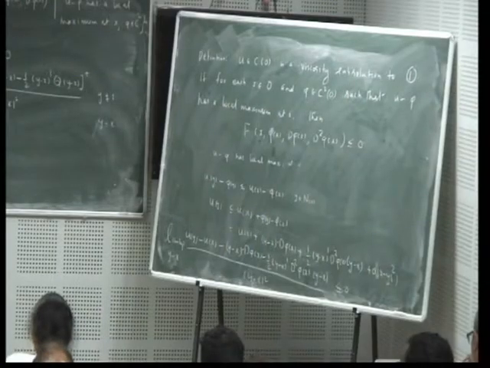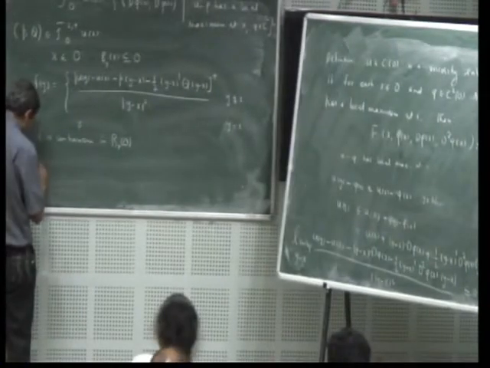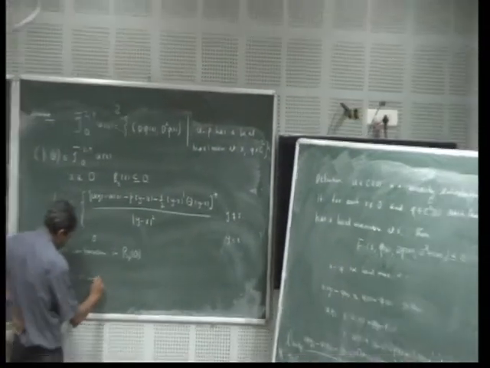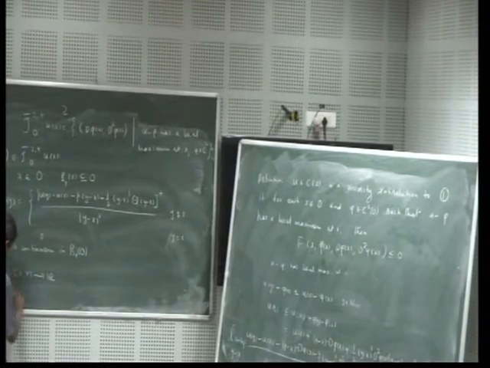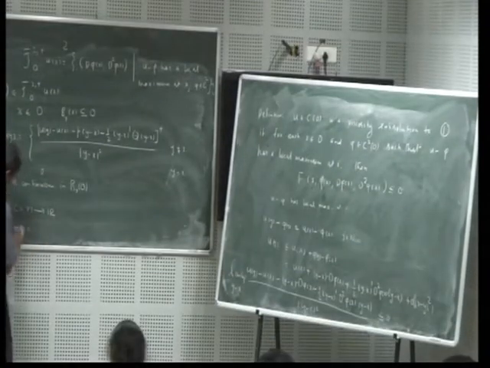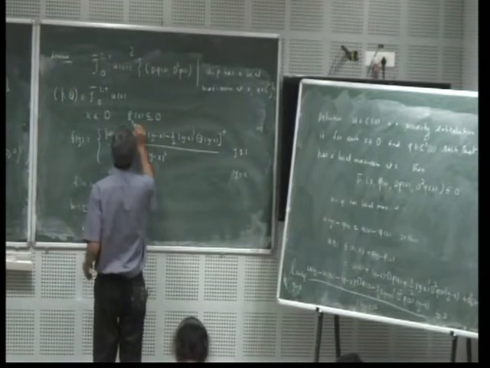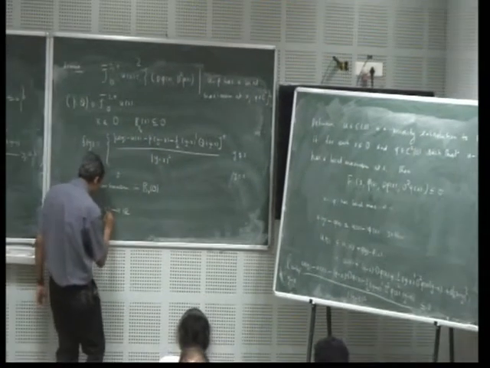Then what you do is define another function Ry. I'll take R naught, R0. So this is R0.